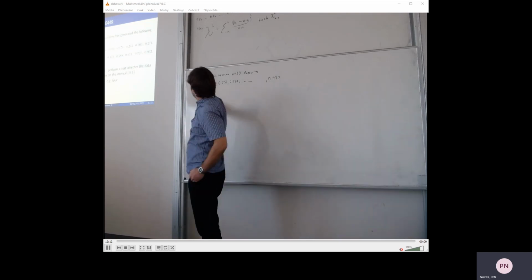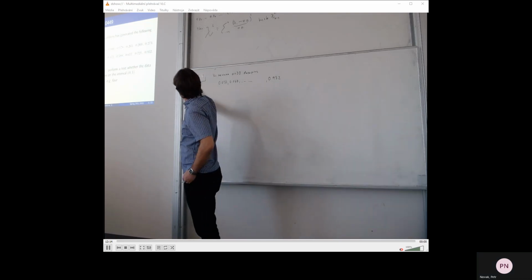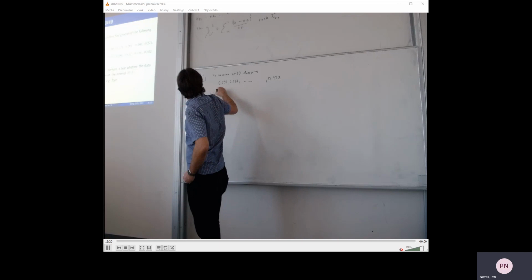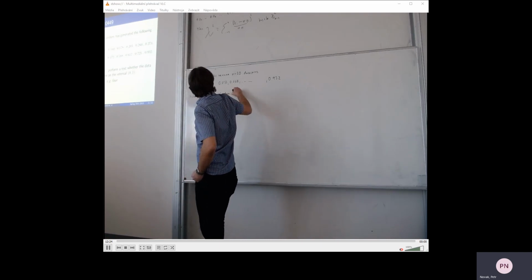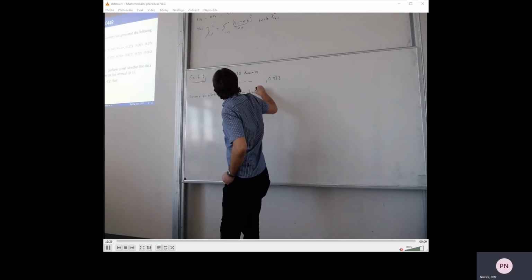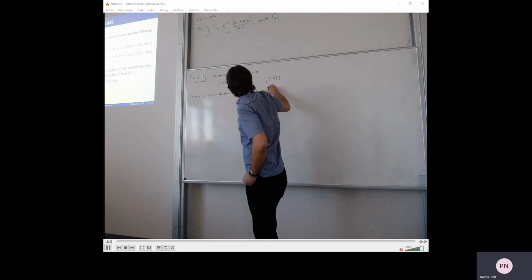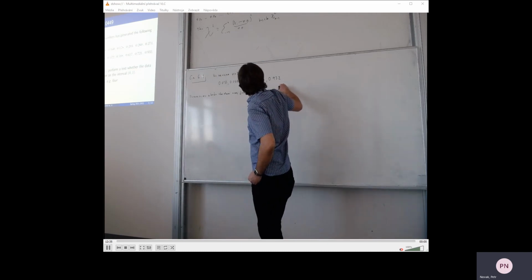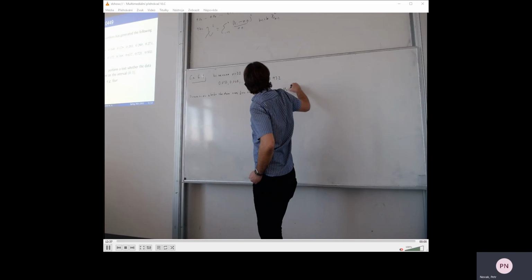And we want to test whether the data come from the uniform distribution on the interval 0, 1.